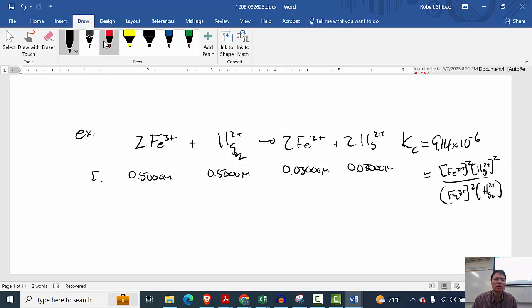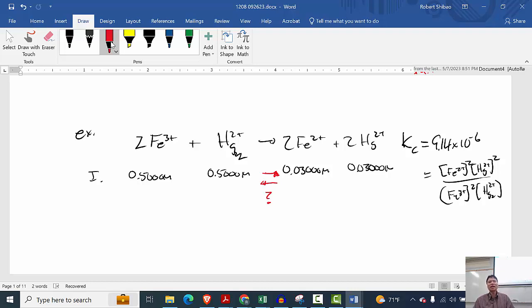I already have a lot of product here, so we have to ask ourselves which direction the change is going to go. Is it going to go forward to make more products, or backwards to make more reactant?